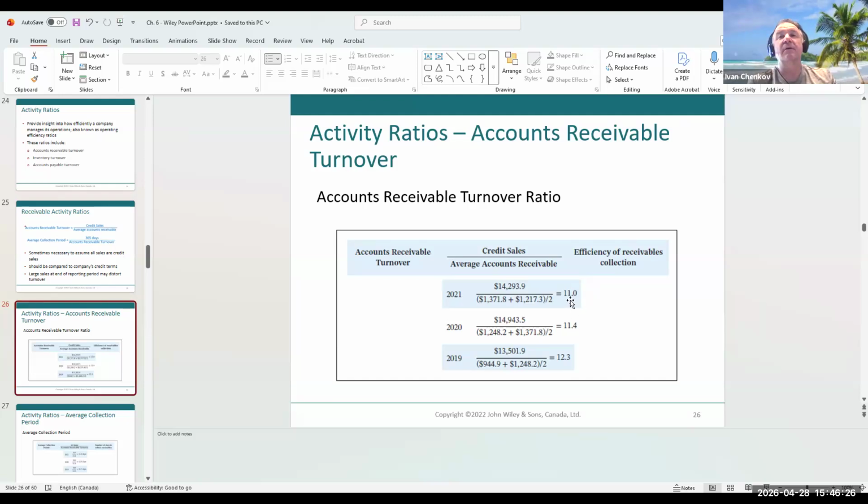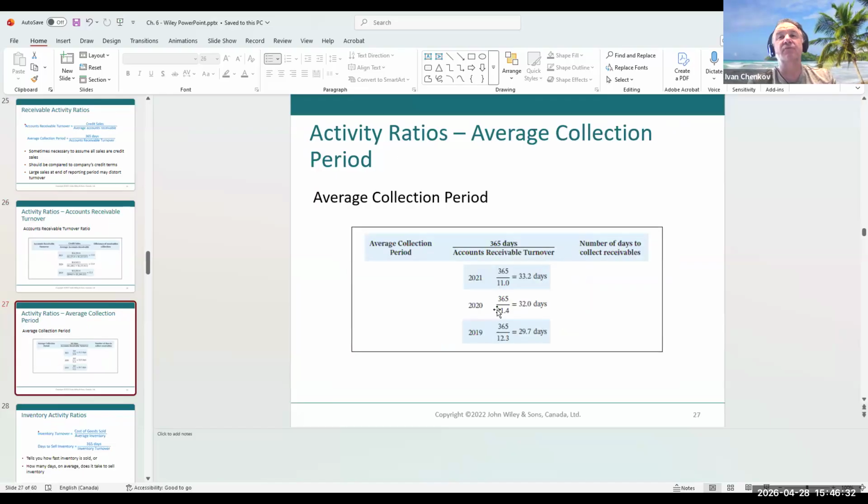How can we explain this? We can explain it with the days that we need to collect our credit sales. In 2019, we were able to collect our credit sales in 29 days. In 2021, it takes us 4 days more to collect our credit sales, which is not good for the company.